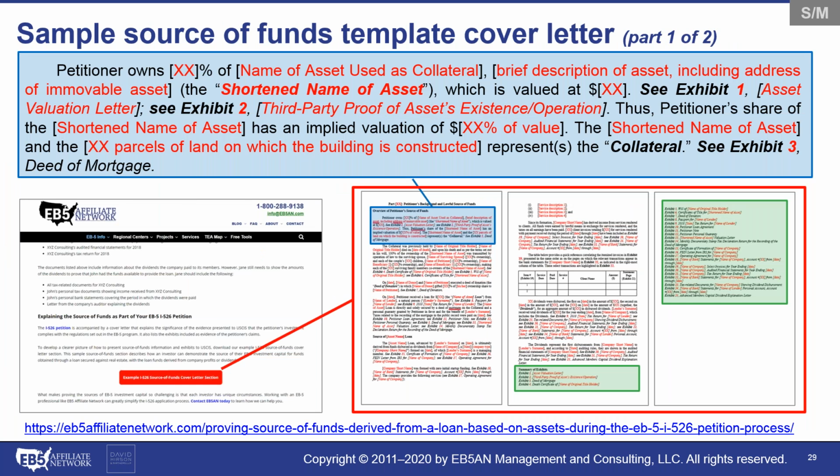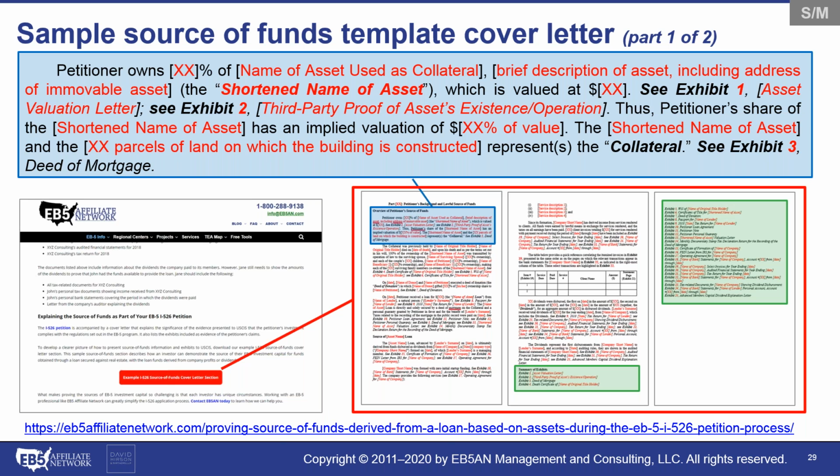So now to help people illustrate exactly how the source of funds comes together, as Mike mentioned earlier, when investors file their I-526 petitions, they're submitting a package that includes a lot of documents explaining the project and how the EB-5 investment itself meets EB-5 program rules and regulations under USCIS. Usually there's a cover letter which explains all of the project details and also explains the source of funds information as well.